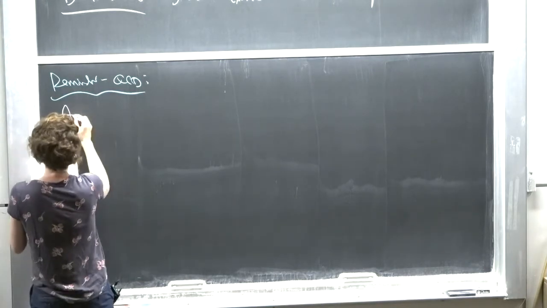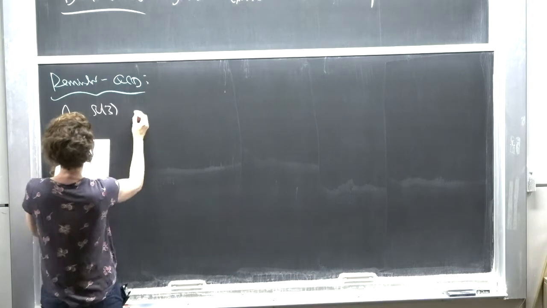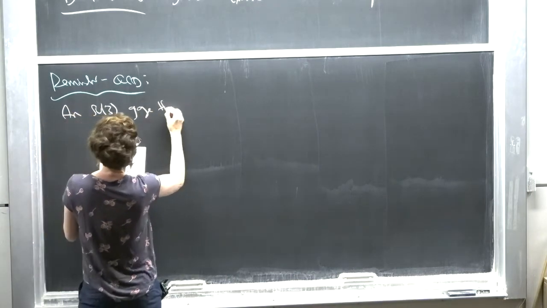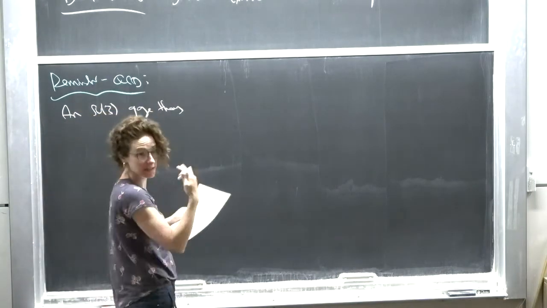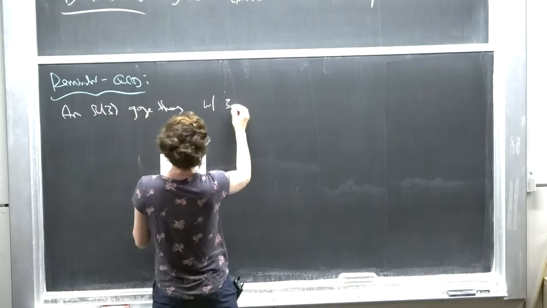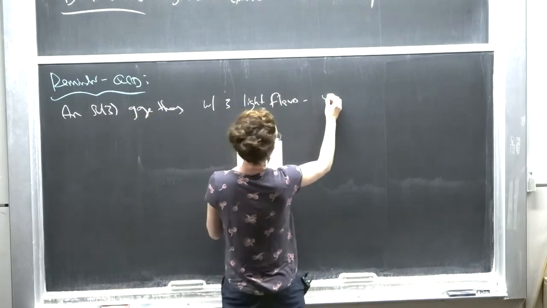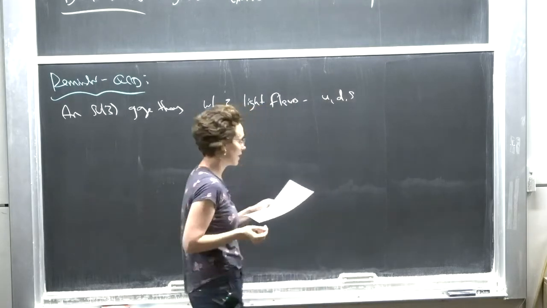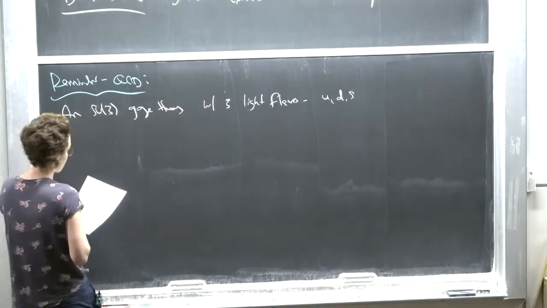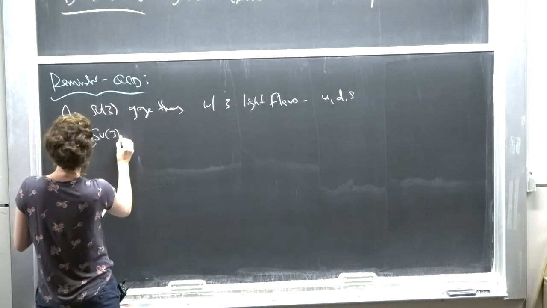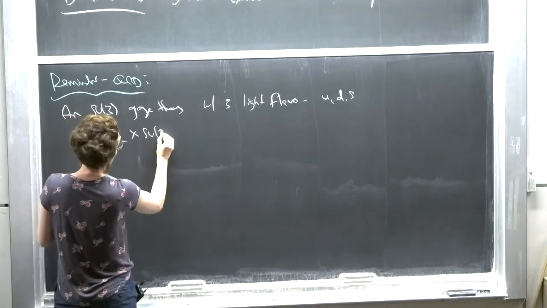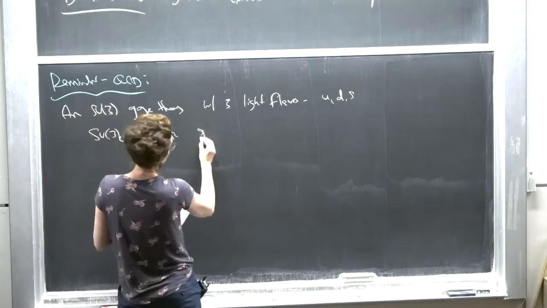QCD is, of course, an SU(3) gauge theory. Let me look at the light flavors. So I have 3 light flavors, my up, my down, and my strange. And this theory has an SU(3) left cross SU(3) right global symmetry.